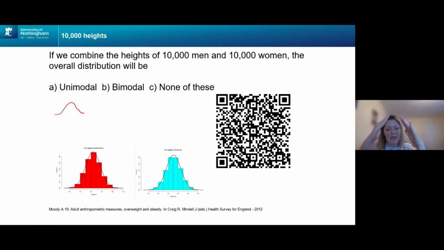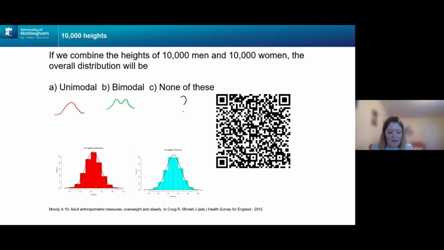Will it just have one peak, like these histograms? Will it be bimodal, so will it have 2 peaks when we plot the histogram? Or will it be neither of these? So could you please click on for question 5, the quiz, or scan on there, please? I'll give 1.5 minutes from when I've said this.